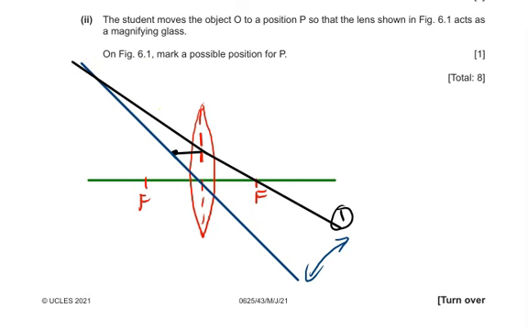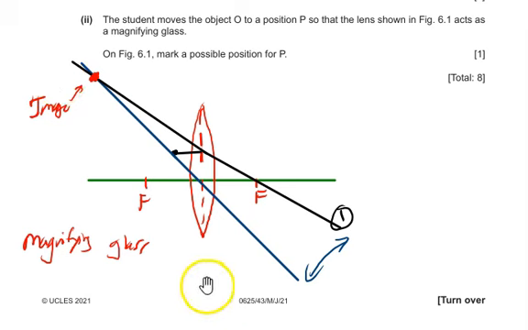So this is the image that forms. This is the shape of the magnifying glass drawing. And the image here is virtual because the object and the image are at the same side.